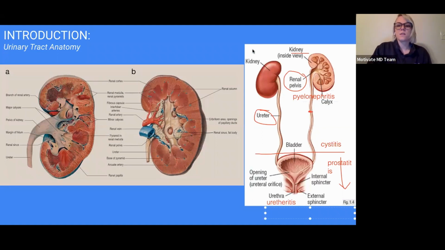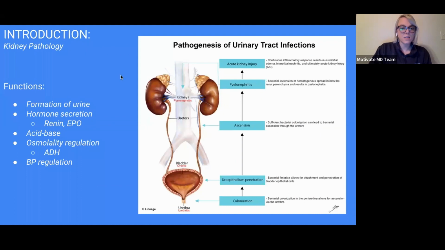So that's a brief introduction to a little bit of syntax, but also some anatomy as well. This is a lot of what I just talked about here, but if we remember back to the acute kidney injury talk, there are a few functions of the kidney that are crucial.